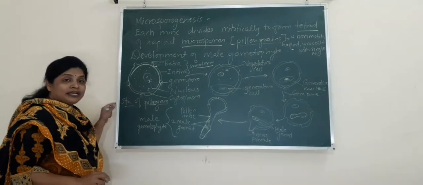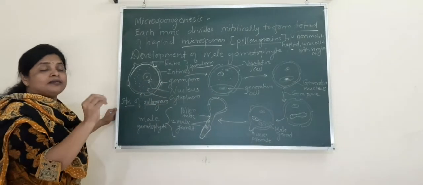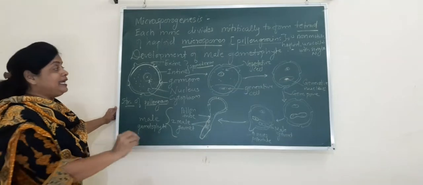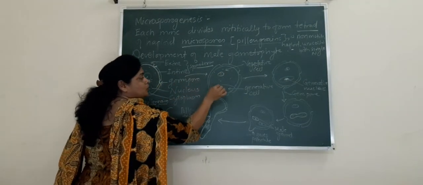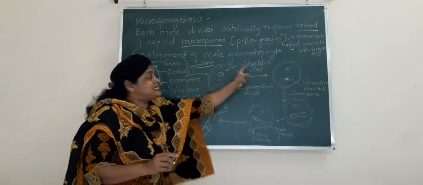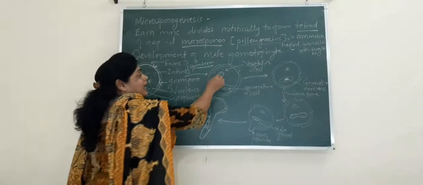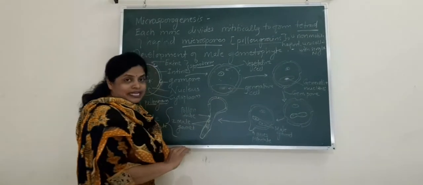Now these pollen grains first undergo the first mitotic division. In that, the nucleus divides into two cells. The large cell is known as the vegetative cell. It is rich in food, and the smaller one is the generative cell.